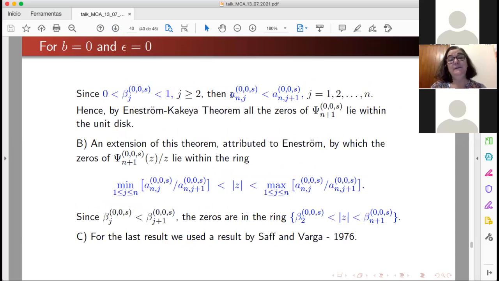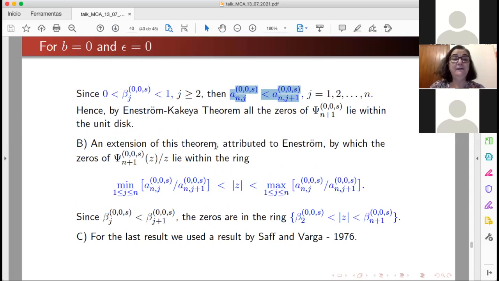And then, because of this behavior of the coefficients, and using the Eneström-Kakeya theorem, which says that when the coefficients have this behavior, all the zeros lie inside the unit disk.